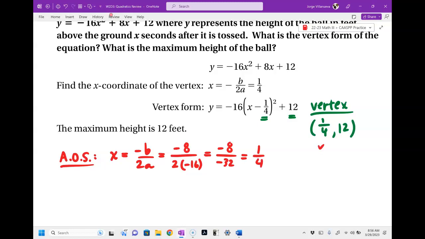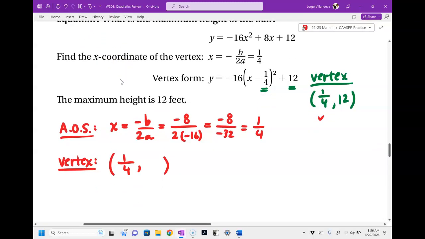So far this checks out. 1/4 looks good. Now, let's plug that into our equation to see what my y value is. So to find the vertex, (1/4, something).